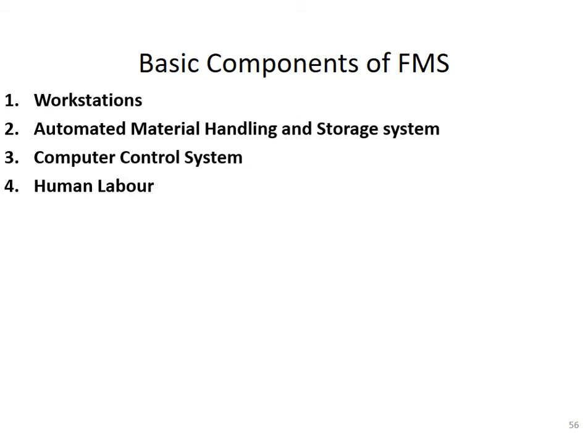And we have the computer control system also, which gives centralized control over each and every machine component in the FMS. Along with this, there is an integrated sequential process with manual labor. Manual labor is also important for synchronizing the work carried out with the FMS.